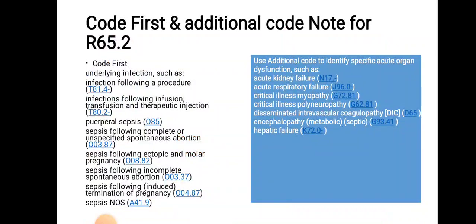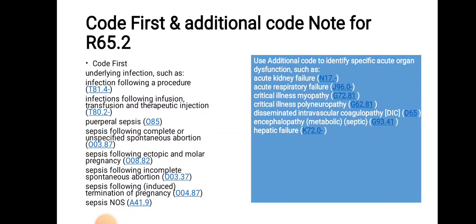So as per the instruction note for code R65.2, we have to code first the underlying infection, such as infection following a procedure, infection following infusion, transfusion and therapeutic injection, pleural sepsis, sepsis following complete or unspecified spontaneous abortion, sepsis following ectopic or molar pregnancy, sepsis following incomplete spontaneous abortion, sepsis following termination of pregnancy.